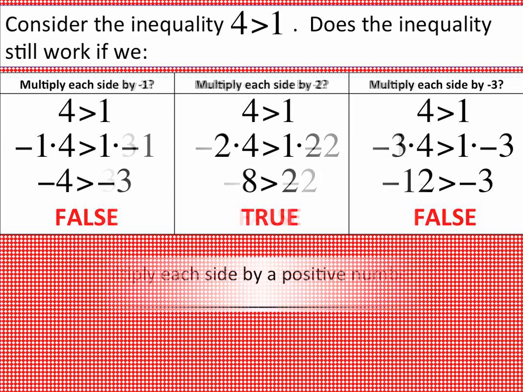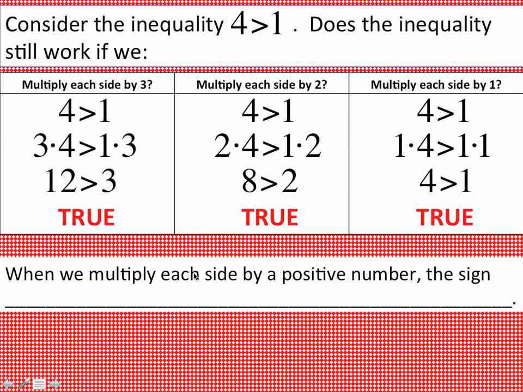So what we see here is that when we multiply each side by a positive number, like we did in the beginning, multiplied by 3, multiplied by 2, multiplied by 1, all positive numbers, the sign of the inequality stays the same. It worked. So it was 4 is greater than 1, multiplied each side, I could keep it going the same way, greater than symbol.